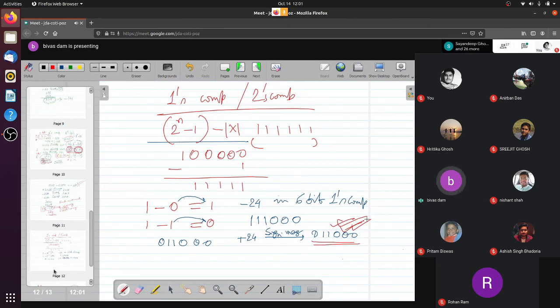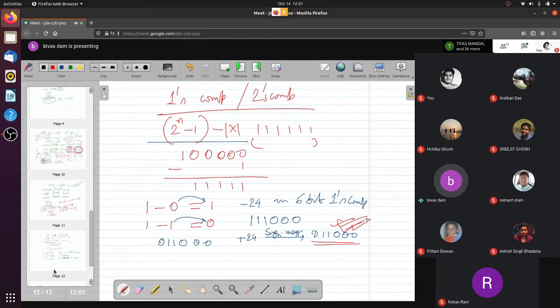But if the number is originally negative, the case is a bit different. To find the ones complement of the number, I have to take the bit by bit complementation of the sign magnitude representation of the number, considering that to be positive.